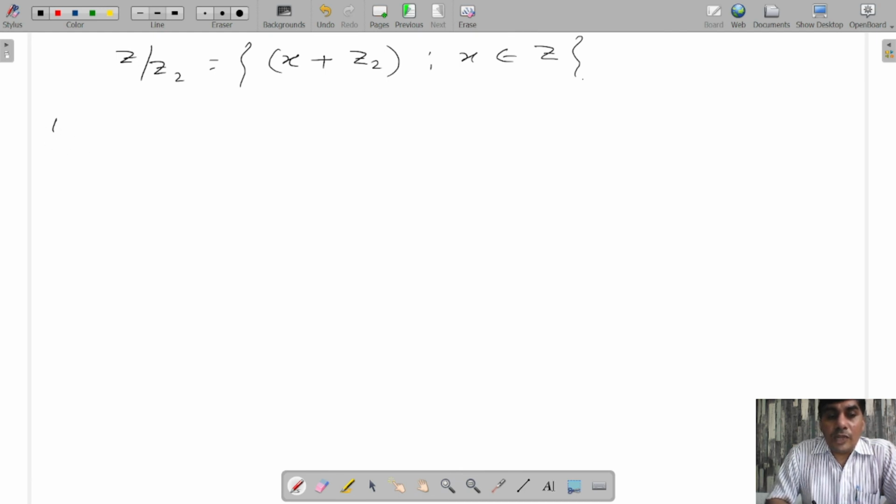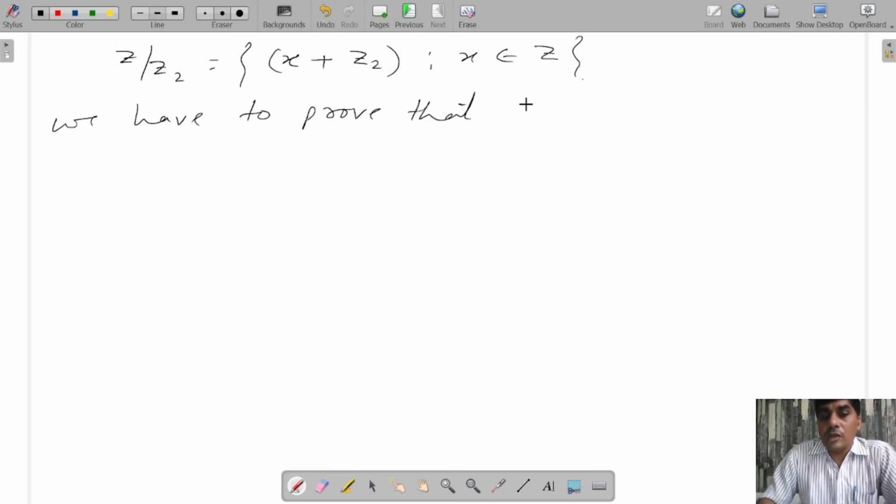We have to prove that phi is a homomorphism.